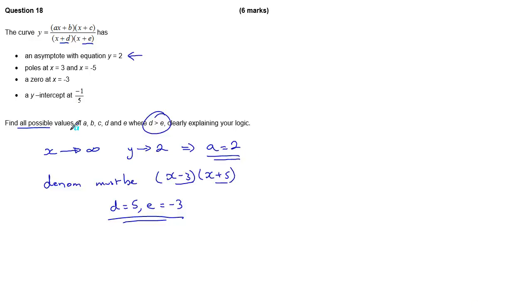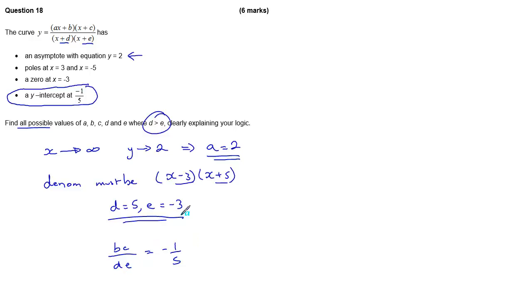Now, let's look at this y-intercept here. That happens when x is 0. So if x is 0, the top part of that is BC, and the bottom part is DE. So that's got to be negative 1/5.